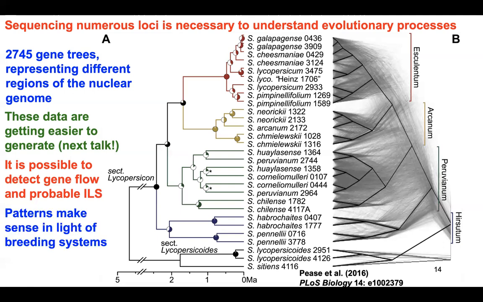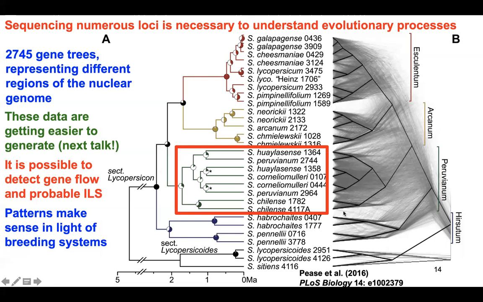But these patterns make sense in light of breeding system. All of these solanums, including tomatoes over here, are selfers, whereas this clade, these are obligate outcrossers. So we might expect to see a lot more gene flow involving these species compared to that.